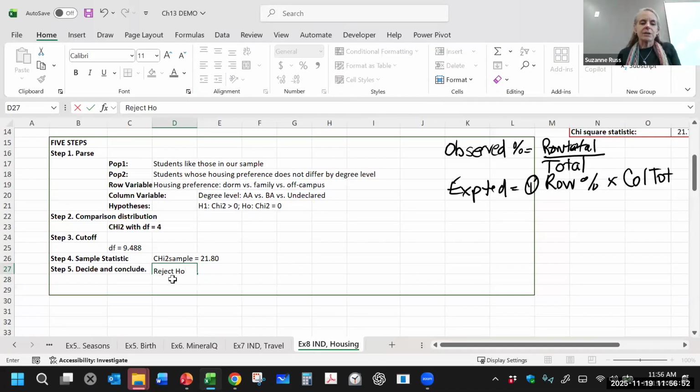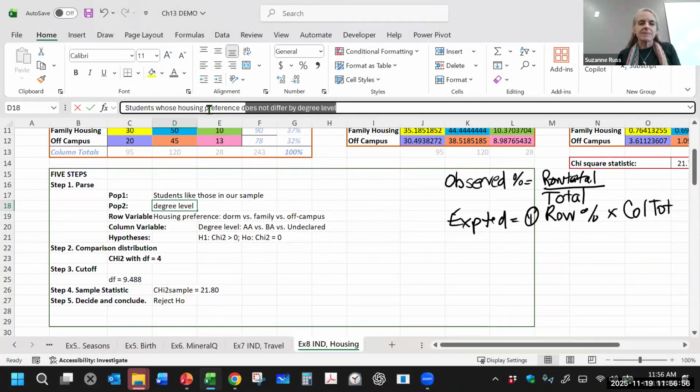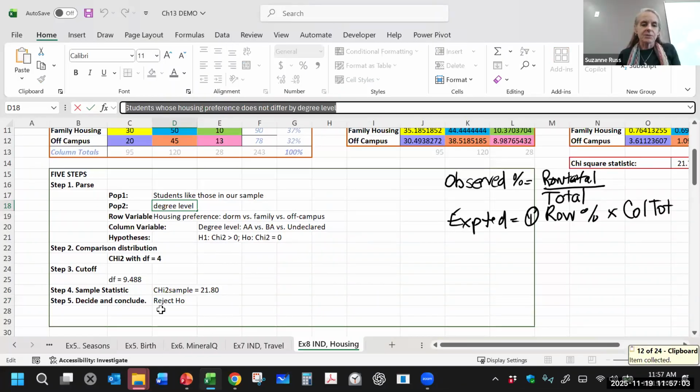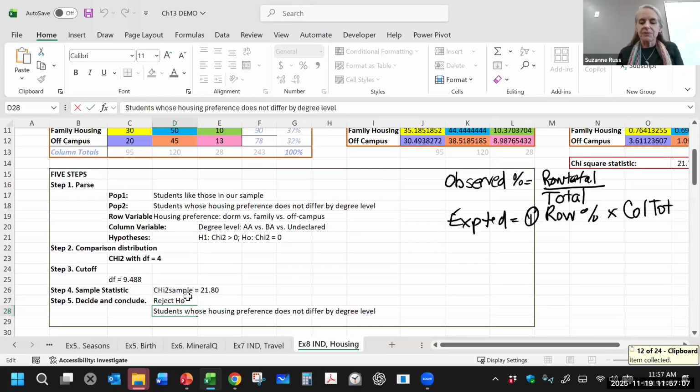We didn't write out our statistic, but I did say it'll be something like this. So I'm going to copy this and then tweak it a little bit. I'm going to turn it into a definitive statement: students' housing preference differ significantly by degree level.